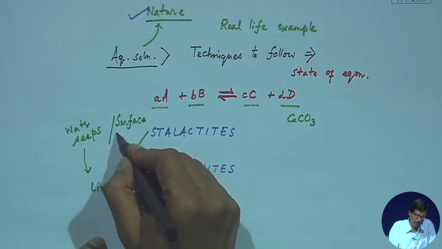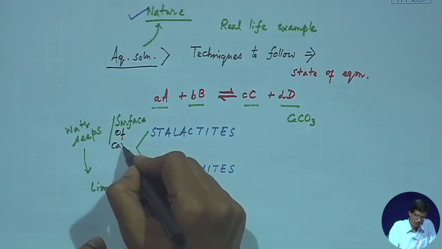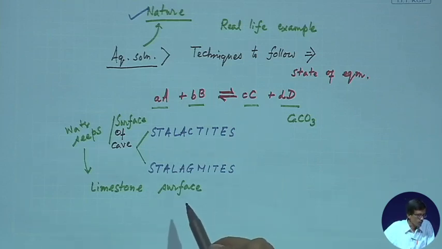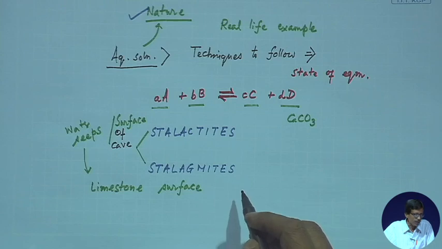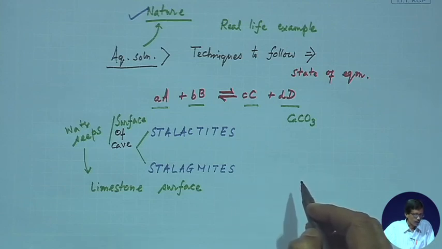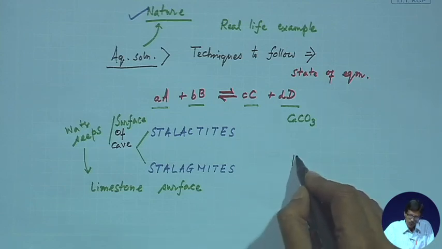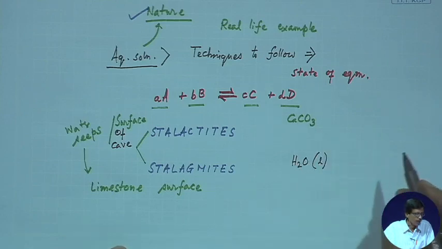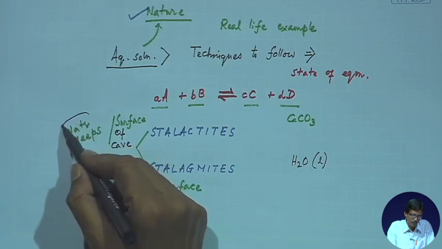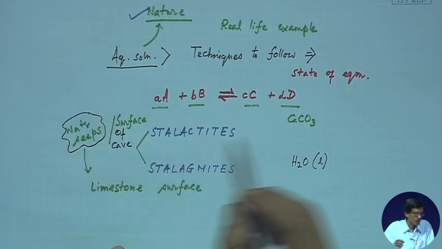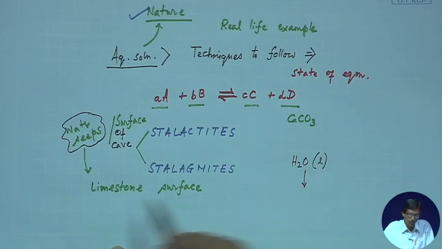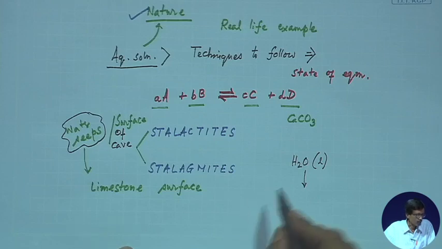If water is seeping inside, it is reacting with this and forming this bicarbonate ion. So, this water that we are writing in this equation, this H2O liquid, is the water which is coming over there, and it is flowing through that particular limestone surface.